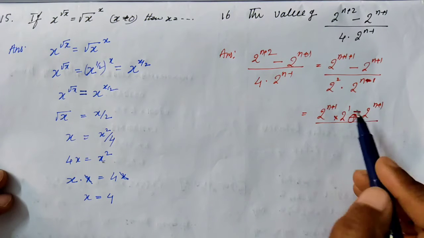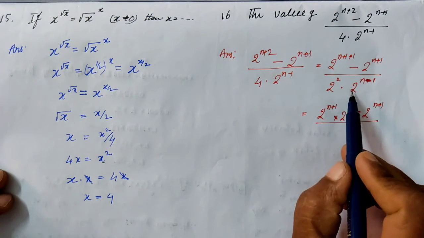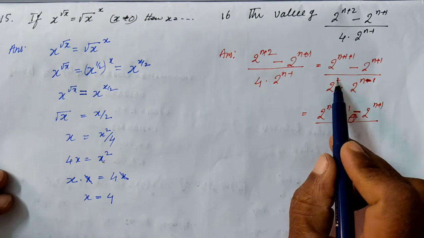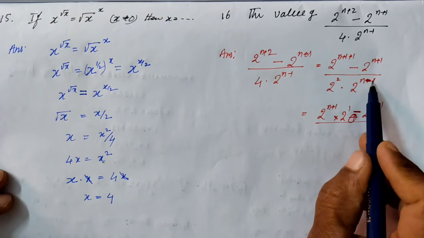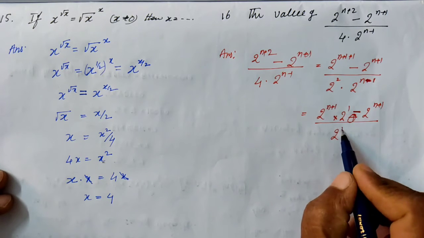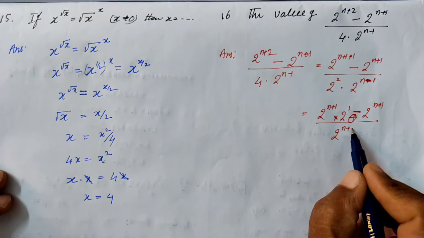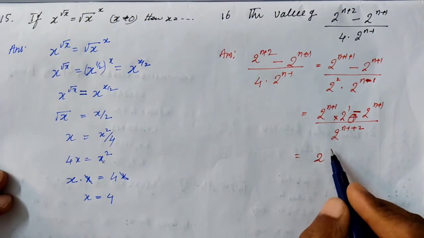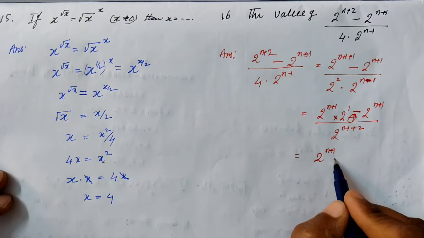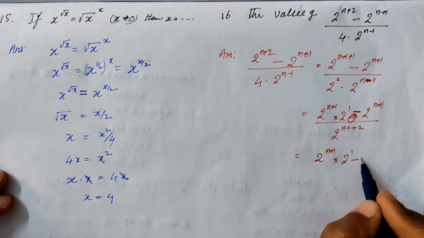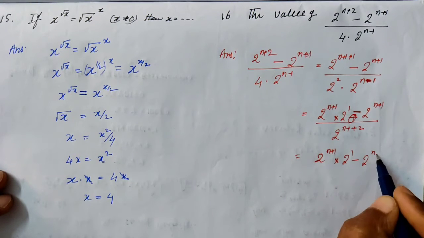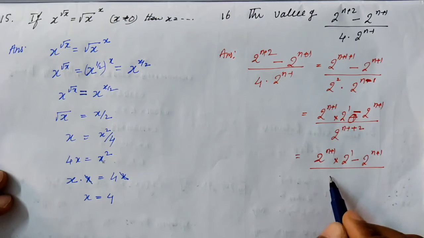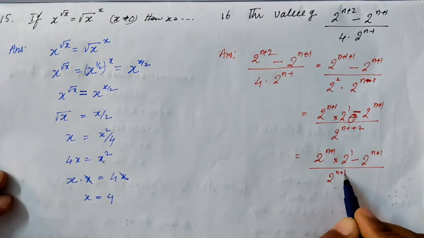In the denominator, the bases are the same, therefore we can add the exponents: n minus 1 plus 2, which gives 2 to the power of n plus 1. So we have 2 to the power of n plus 1 into 2 to the power of 1 minus 2 to the power of n plus 1, by 2 to the power of n plus 1.